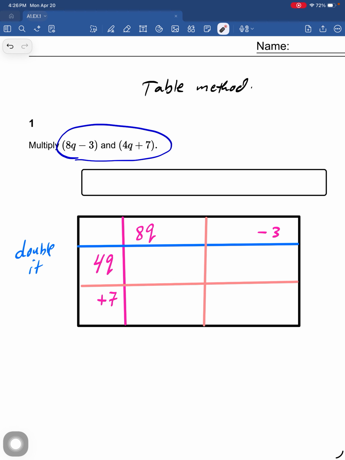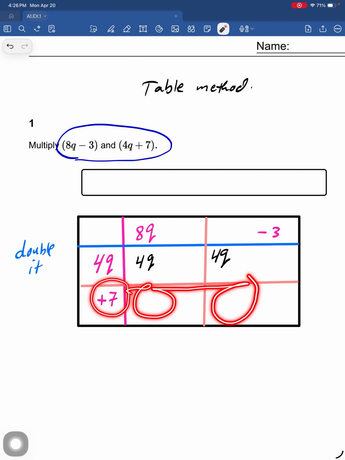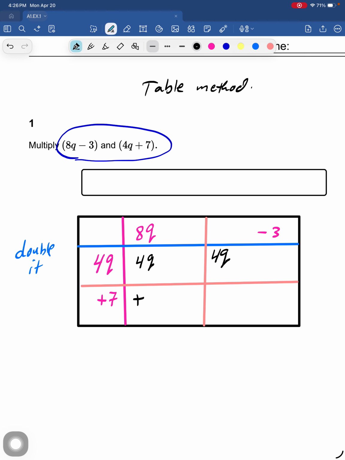Okay, so double it as follows. So we have the 4q and the 4q, and then we start with the 7 and write it like this here and here. So double it the same. So we have plus 7 and here is plus 7.